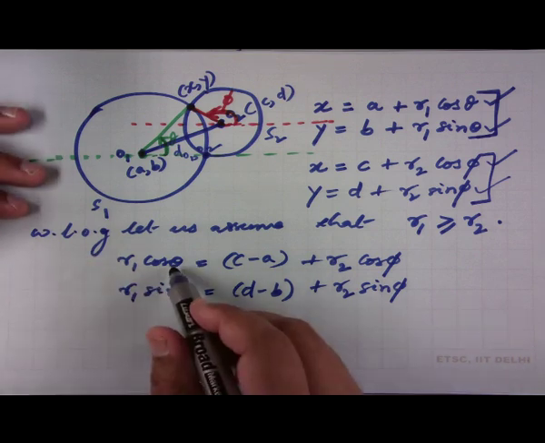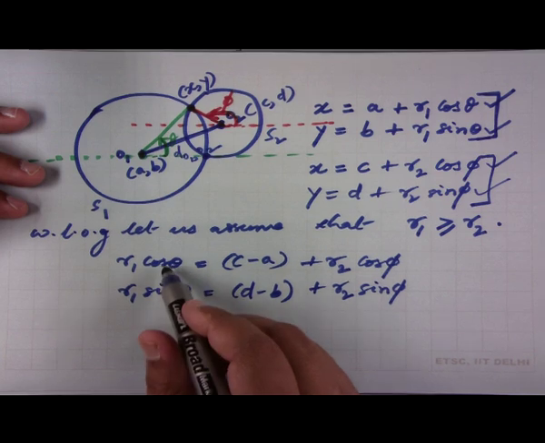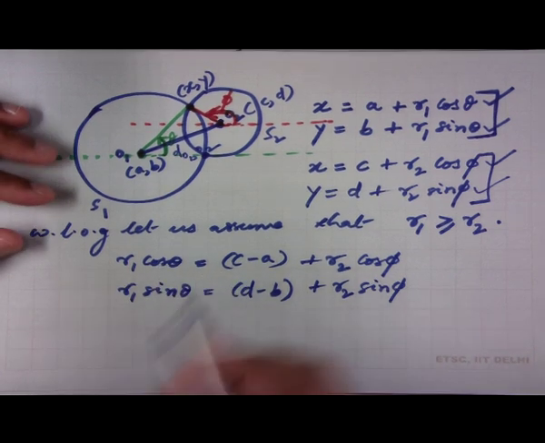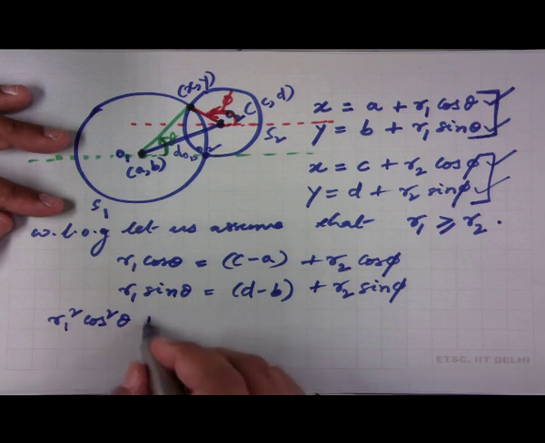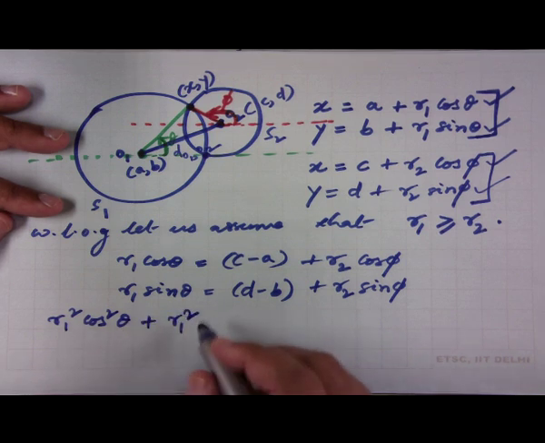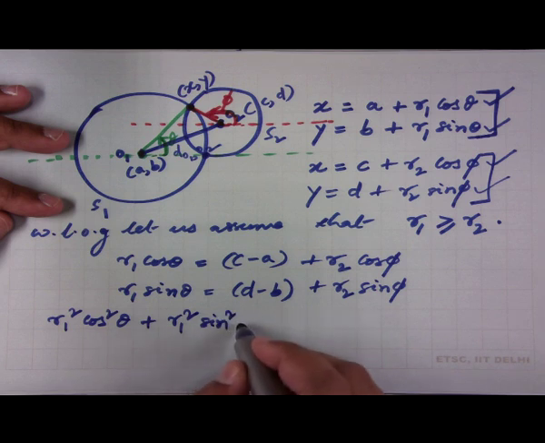Now, we square both these equations, both the sides, and add them up. What we get on the left hand side is r1 square cos square theta plus r1 square sin square theta.